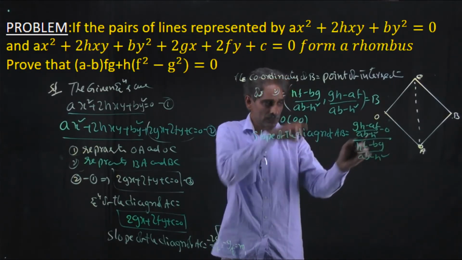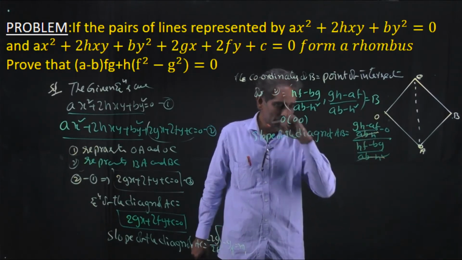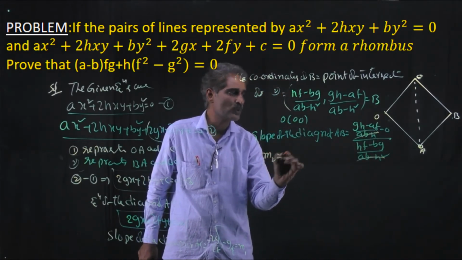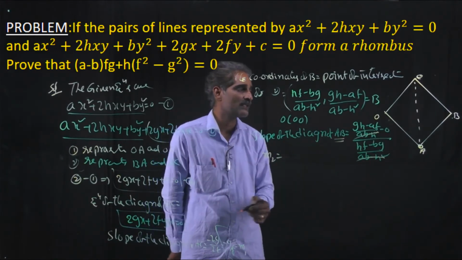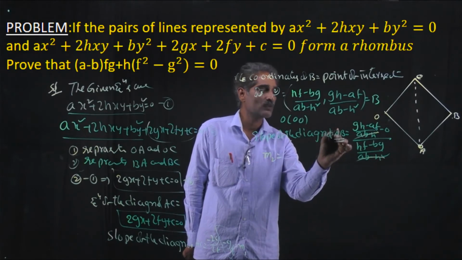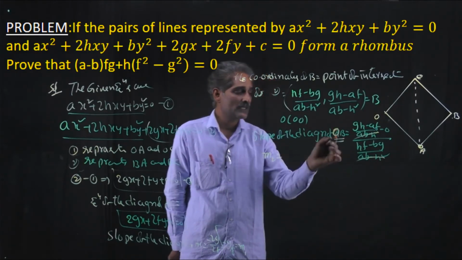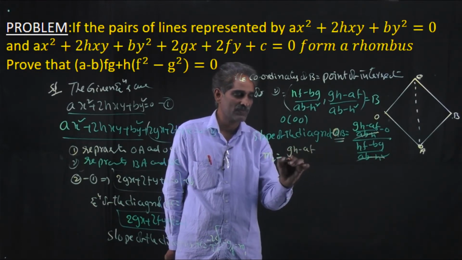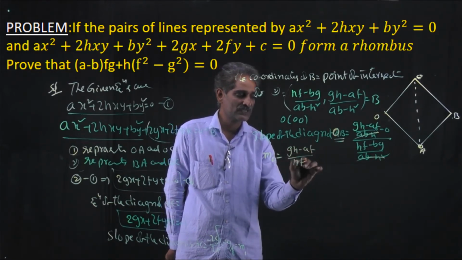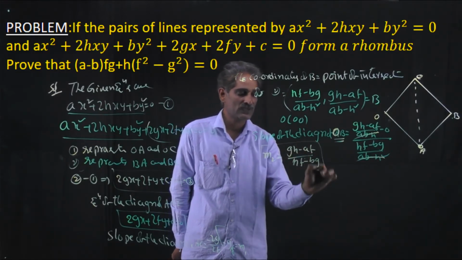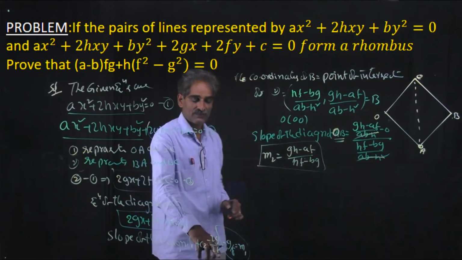So the denominator will get cancelled. So what about the slope? The resulting slope M2, the slope of the diagonal OB, is equal to GH minus AF by HF minus BG.